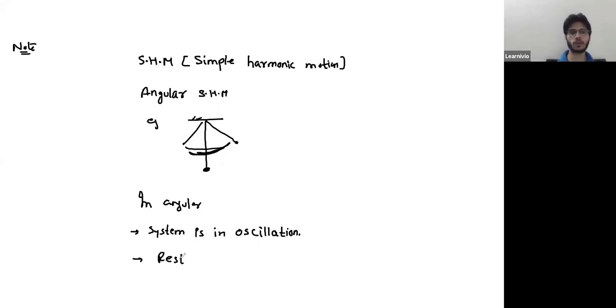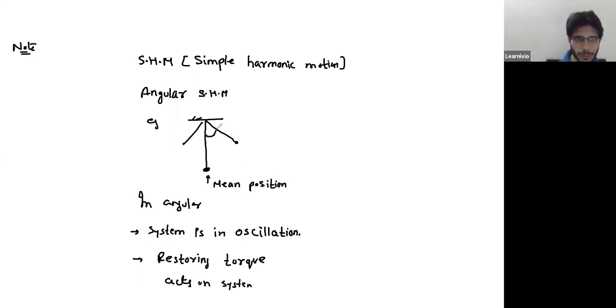Second, a restoring torque acts on the system. If you want to consider the restoring torque in this case of a pendulum, say this is the mean position of the pendulum.